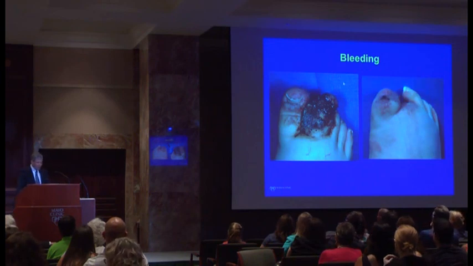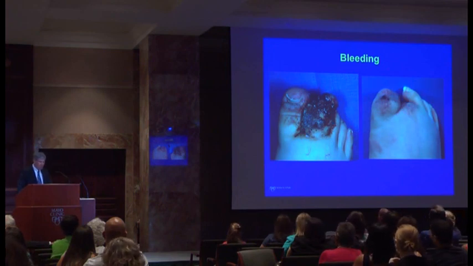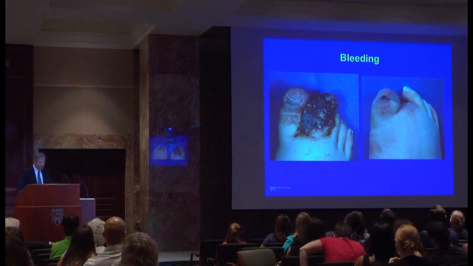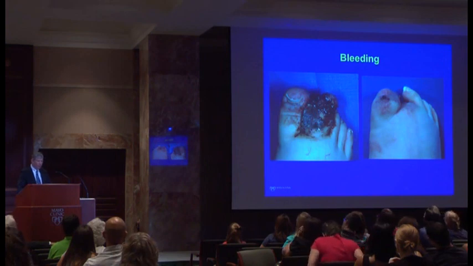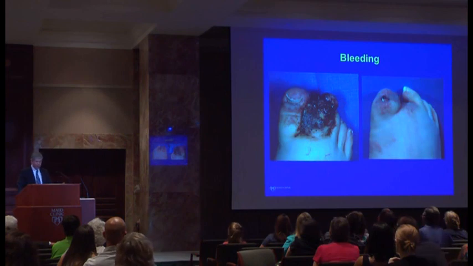After missing about a quarter of a year of school, they came to see us, and at this point we didn't think there was anything we could do with the laser, because it was just too dense, and when we would laser it, it would remove too much of the skin, basically. So we ended up doing an amputation of both the second toe and the end of the first toe. This allowed him to go back to school to wear a shoe and not come home with bloody socks every day.